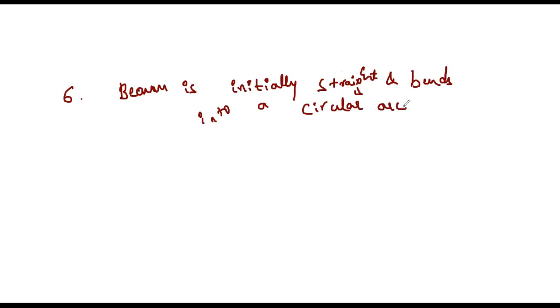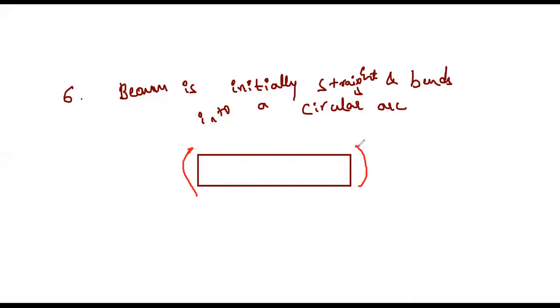So according to this assumption, earlier the beam was straight, and it is subjected to the moment. When it is subjected to pure bending moment, then it bends into a circular arc.